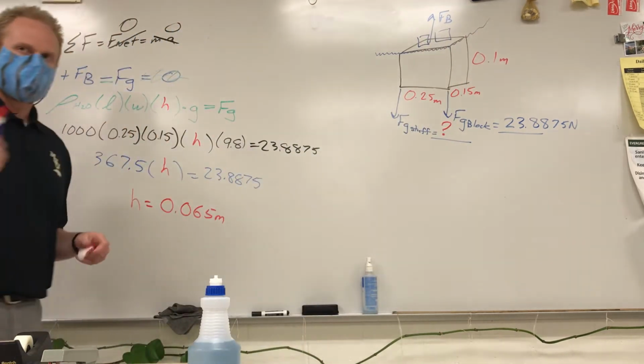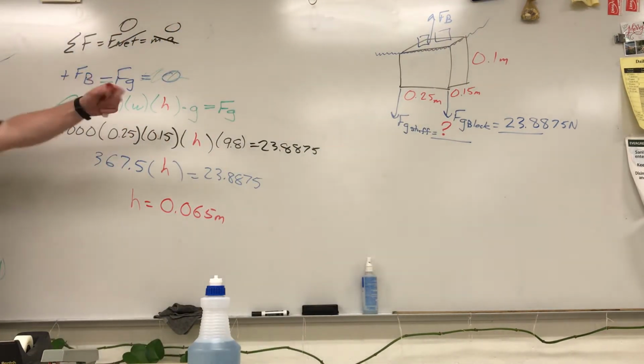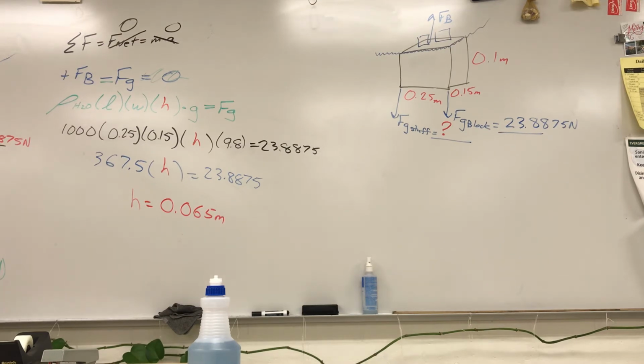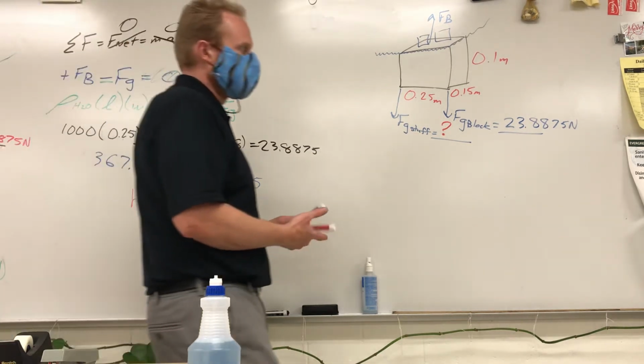Now, is my buoyant force going to be the same as it was in part A? We can look at our equation for buoyant force. Did the density of the fluid change? Did I switch fluids? So that's still 1,000. Did the amount of block that's underneath the water change? Yeah. So the volume being displaced changed, therefore the buoyant force is different. We don't know that number, but there is an upward force.